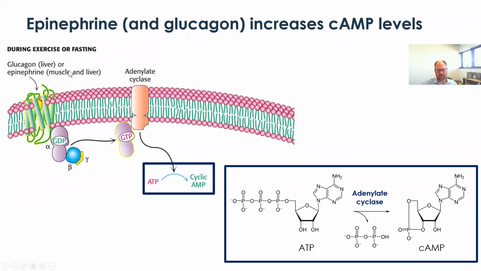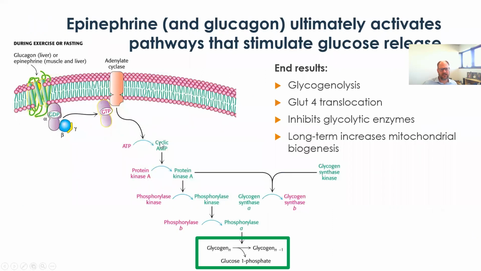In this particular case, it's mediated through a cyclic AMP cascade, where you take ATP and cyclize it into this potent signaling molecule, and that ultimately leads to a cascade of phosphorylation that leads to the activation of protein kinase A, and ultimately the activation of glycogen phosphorylase, which leads to the breakdown of glycogen.